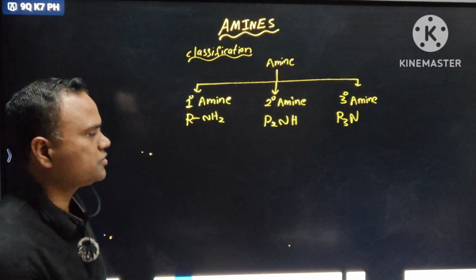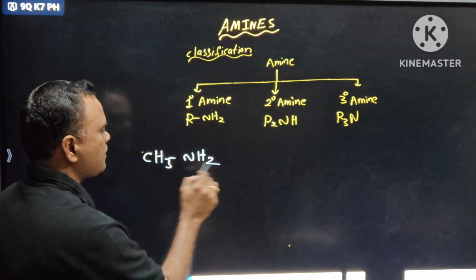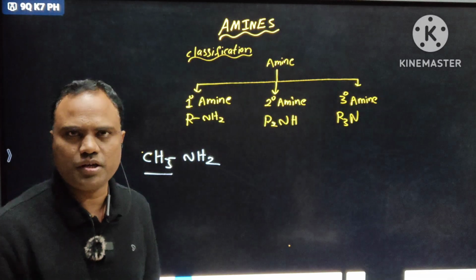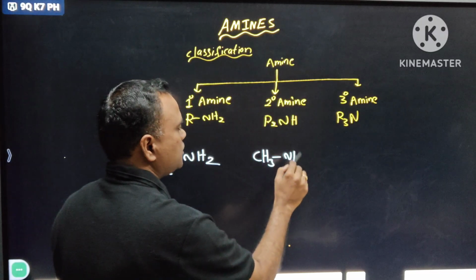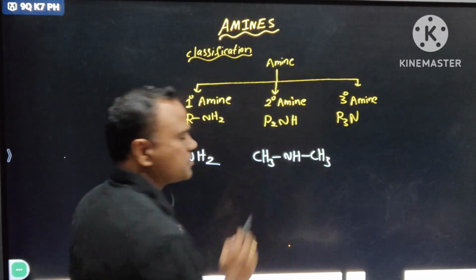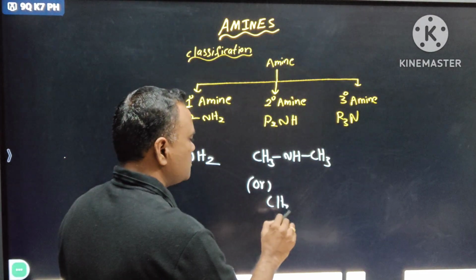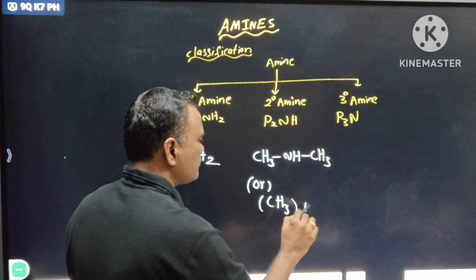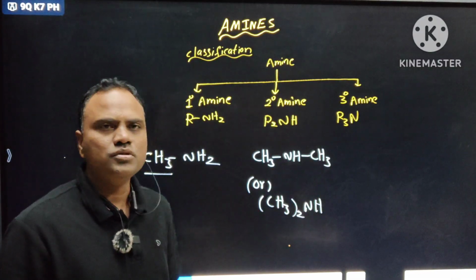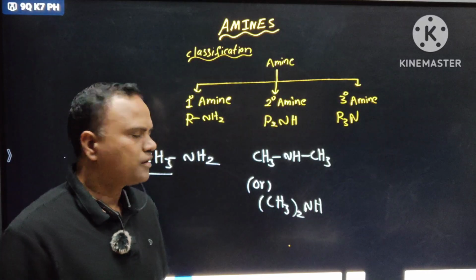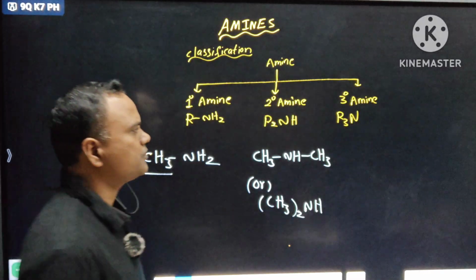Let us see some examples. CH3NH2. 1 alkyl group is present, primary amine. CH3NHCH3 can be represented like this also: CH3 taken twice, NH. Nitrogen with 2 methyl groups, and CH3 taken twice, NH, are both the same type of representation.